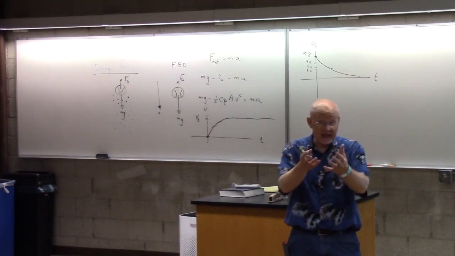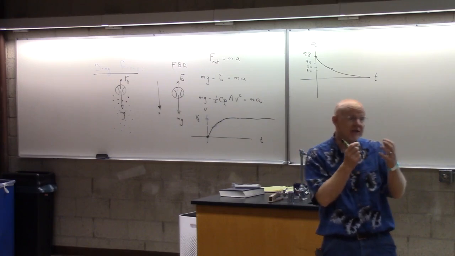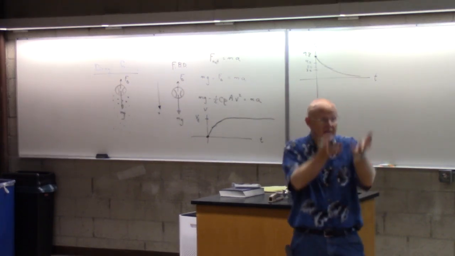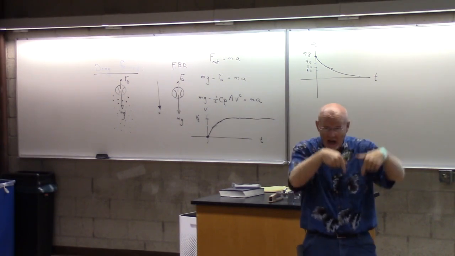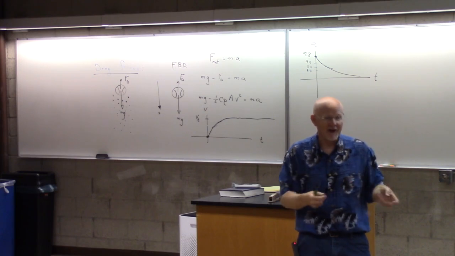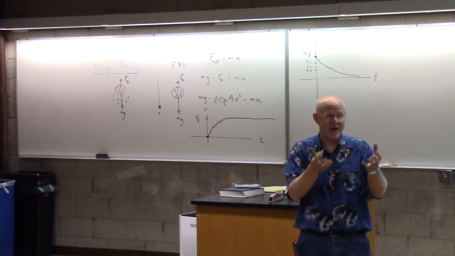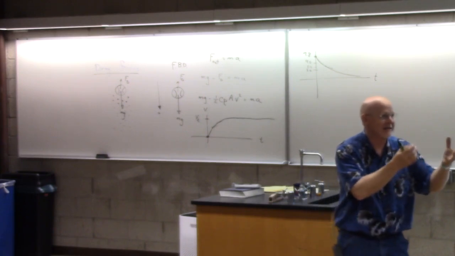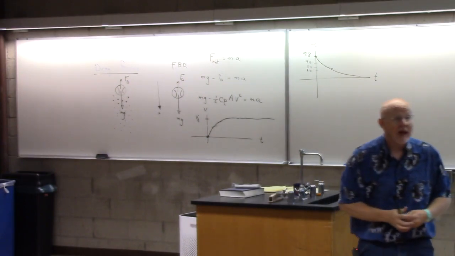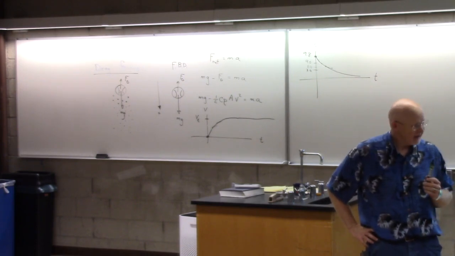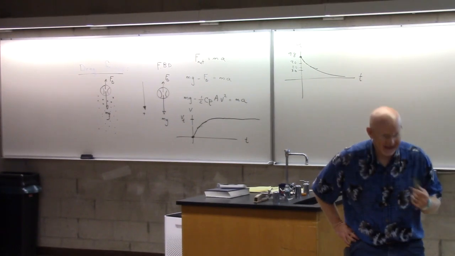They eventually get to a point where they are going so fast that the air resistance lifting them up is equal to their weight down, and their net force is 0. And Newton's first law then says they will continue to move with that same velocity for the rest of the path. And that's an important difference, because now we can talk about more realistic things.